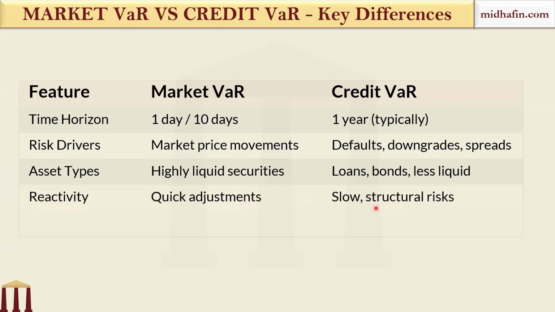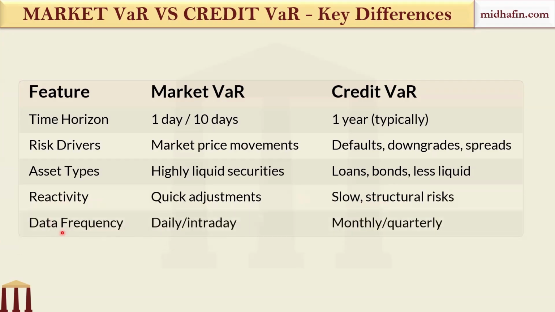But credit risk is actually structural, it evolves slowly as discussed. And because of that, adjustments are much harder to make once the deterioration begins. Then the fifth feature is data frequency. Market VaR is about fast moving liquid markets, as we discussed, so market VaR uses daily or even intraday price data.